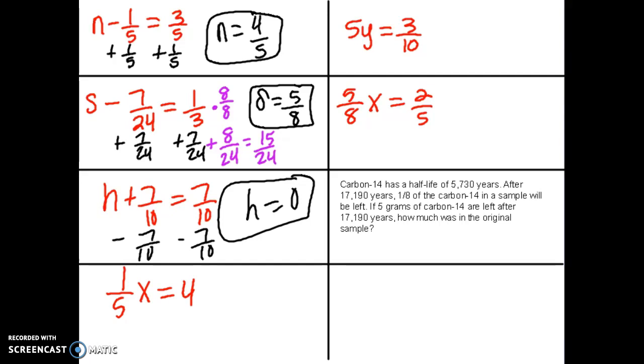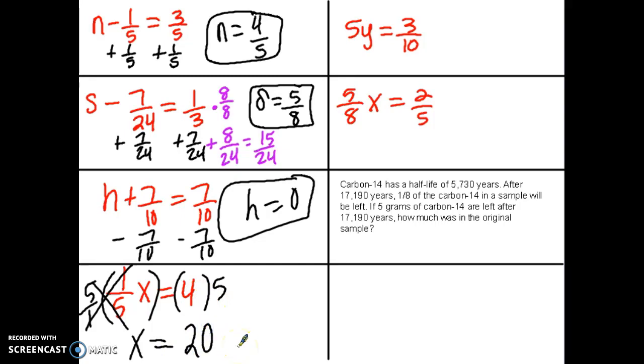So when you see a fraction in front of a variable like this, a variable that has a coefficient that's a fraction, you're just going to go ahead and multiply by the reciprocal. So I'm multiplying by 5 over 1, which is just 5. I'm just multiplying by 5 on both sides. That cancels each other out and leaves me with x, and 4 times 5 is 20. So 1/5 of 20 is 4.